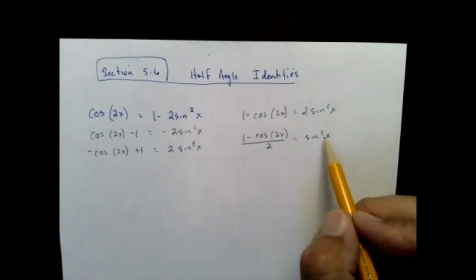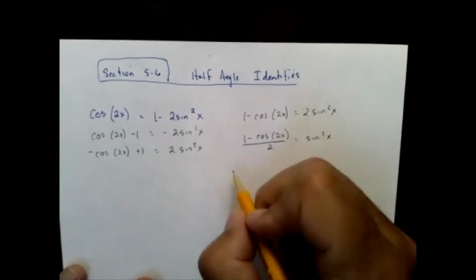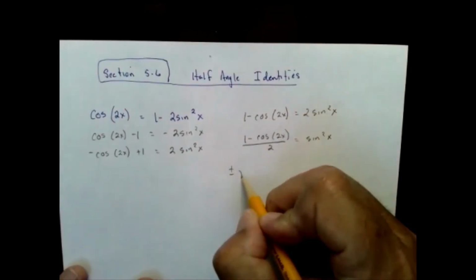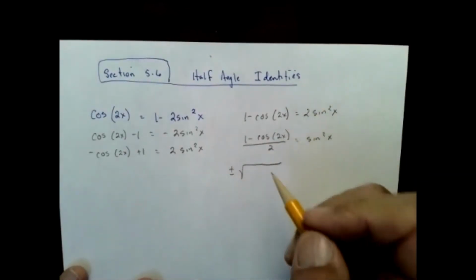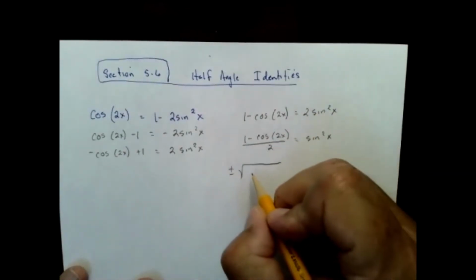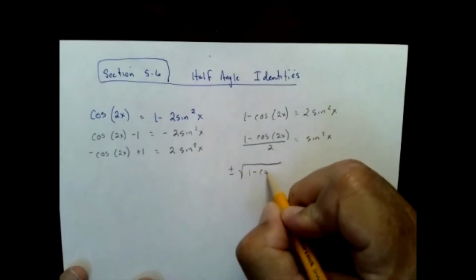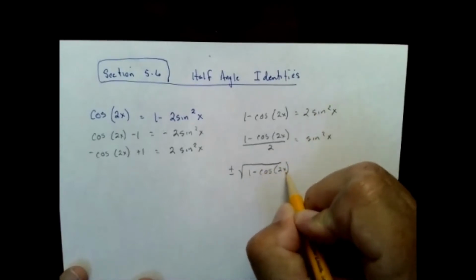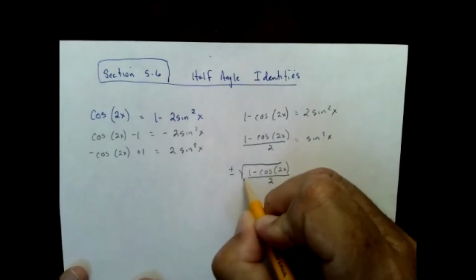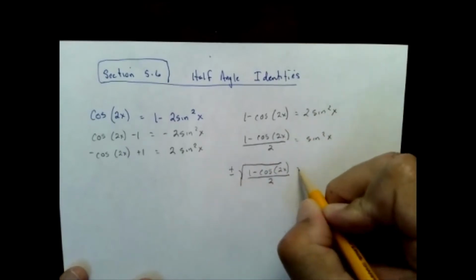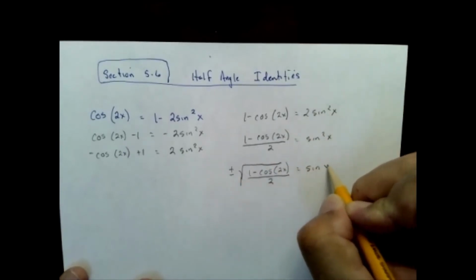And I'm going to take the square root to get rid of the 2. Plus or minus the square root of 1 minus the cosine of 2x all over 2 equals the sine of x.